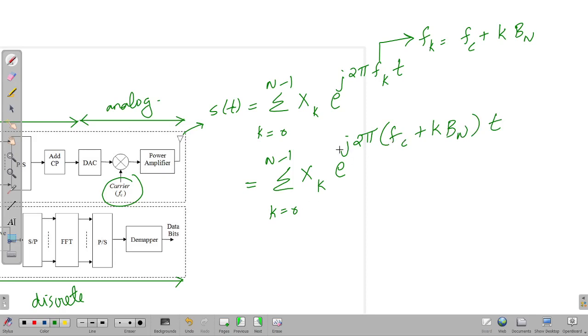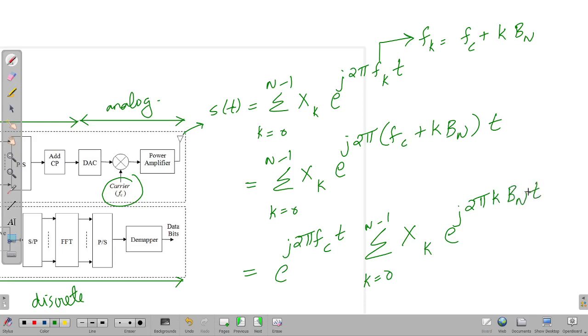And you can see I can take e raised to j 2 pi fct out of the summation. So it doesn't have this k term. It can be regarded as a constant here. I can take it out of the summation, and inside you have k equal to 0 to n minus 1 xk into e raised to j 2 pi k bn into t.